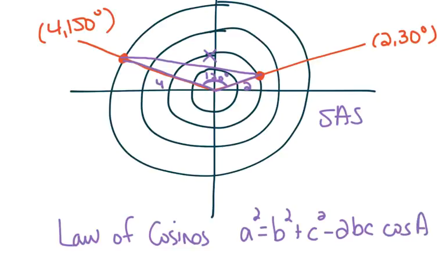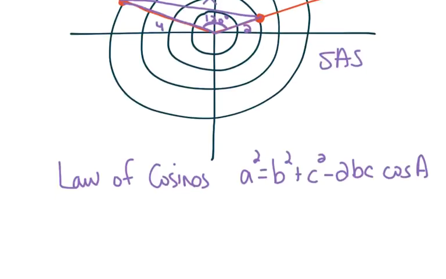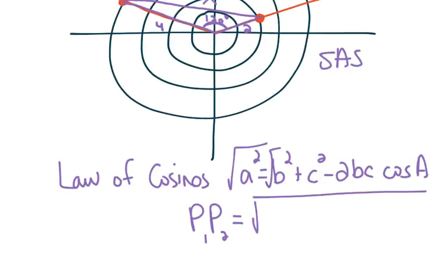Now we're going to use different notation. In the book, it's the same formula, but instead they're going to call it the distance from P1 to P2, so from point 1 to point 2, is going to equal the square root of, and why did they get the square root of? They did this.